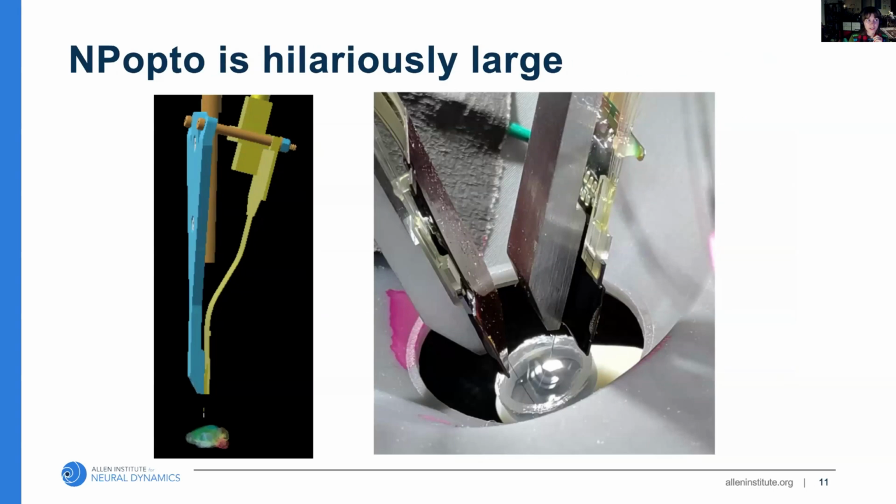Another kind of funny problem with the current probe is that it's very, very large compared to other Neuropixels probes. So for the experiments that I showed, we were basically completely limited to recording from 2 probes at a time because it's just not feasible to insert more of these than that into a mouse brain at the same time.